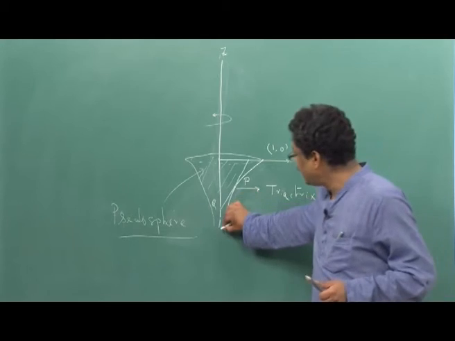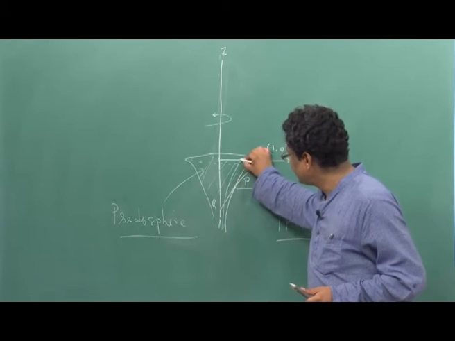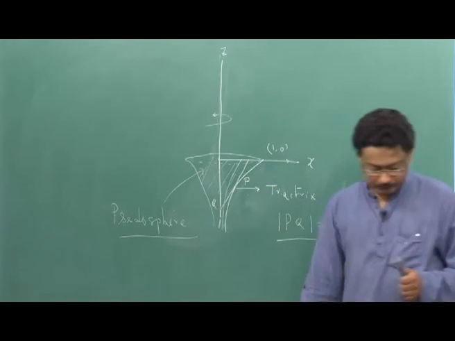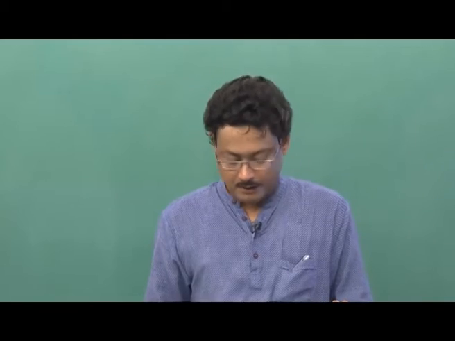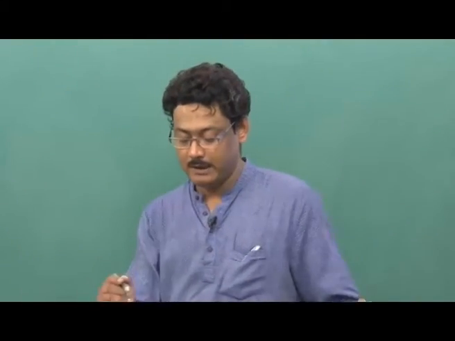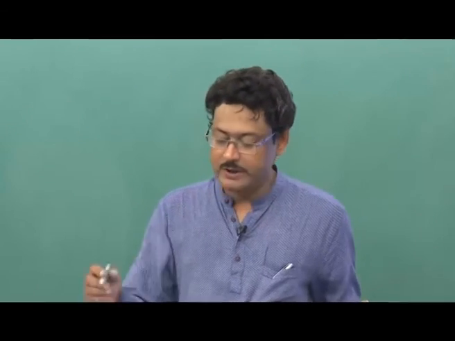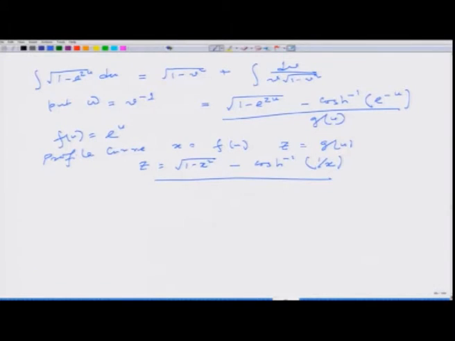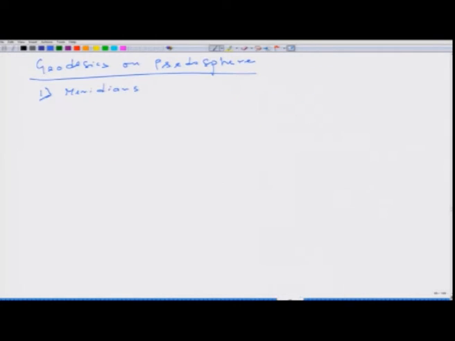These are the copies of the profile curves. Now, parallels are never geodesics here, because for a parallel to be a geodesic I must have f dot u equal to zero, but here f u is e power u, never constant. So, parallels are never geodesics here. That is a remark I make here.